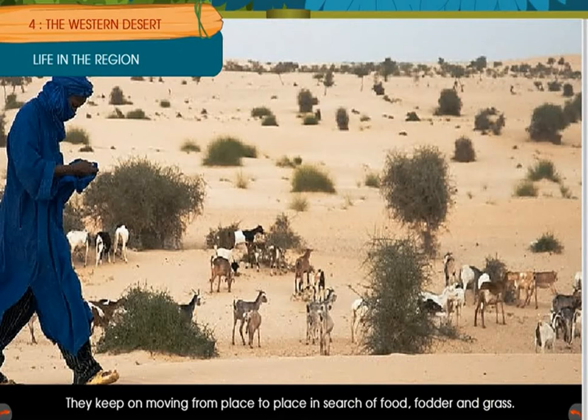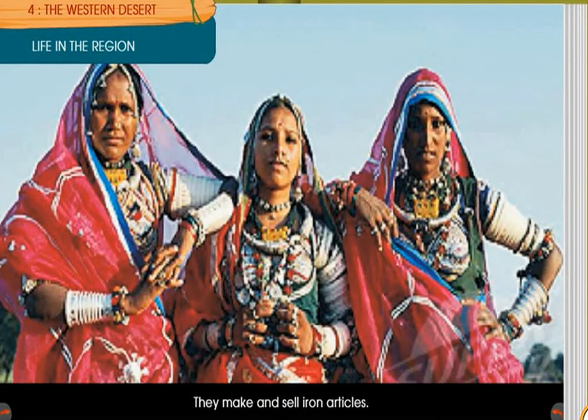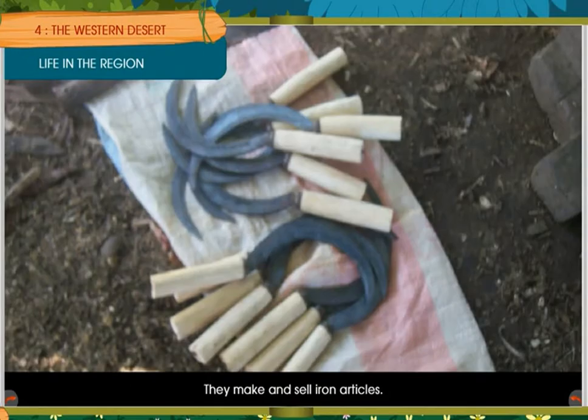Some of them are good blacksmiths, children. They make and sell iron articles as they travel from one place to another.